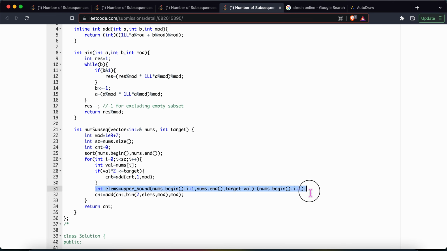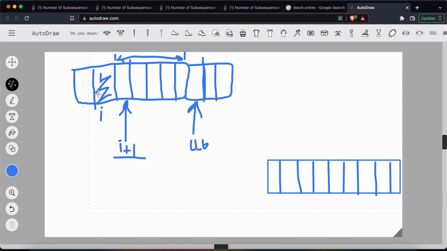we are finding that number of elements, and then we are taking all possible subsets of those elements. However, we are subtracting the empty sequence from here, right? Why are we doing that? Because we need to fix this element, because this element has to be considered.